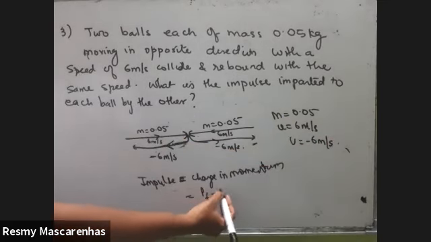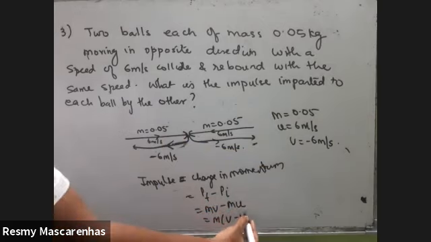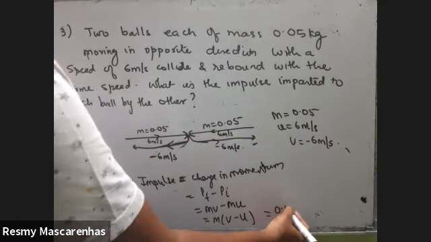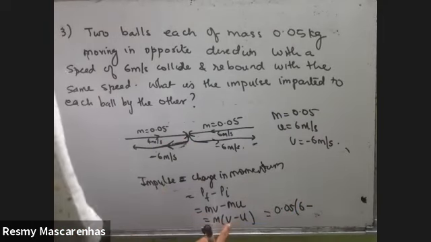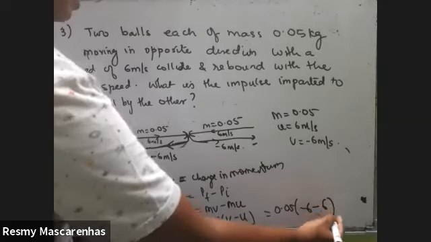So pf minus pi, mv minus mu, m times (v minus u). This starting part is the same as the previous problem. So mass is how much? 0.05, initial is 6, sorry, first final one, v is how much? Minus 6, again minus.